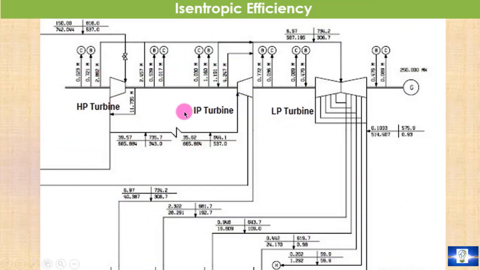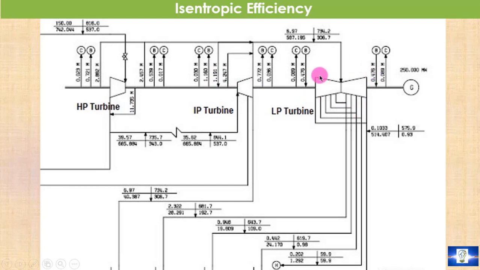This is the HBD diagram, meaning heat balance diagram, of a thermal power plant, where this is the HP turbine, this is the IP turbine and this is the LP turbine. In our case study, we will discuss the isentropic efficiency of the HP turbine and IP turbine.